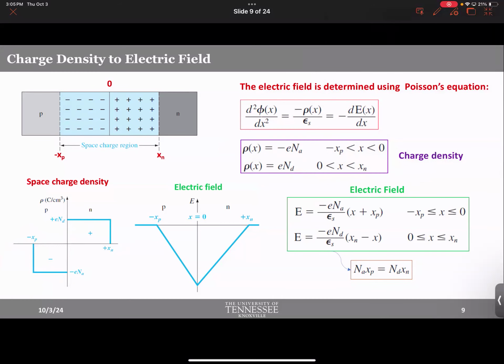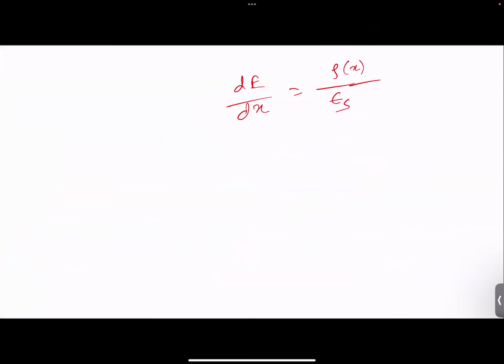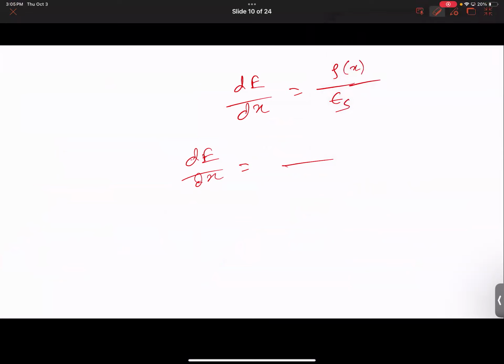Okay. So keeping that in mind, I'm going to now do the math here. So dE over dx. How can I calculate the electric field? Sorry, I meant to just calculate E. Electric field would be the integration of rho x over epsilon s dx, right? And the integration should be from where to where?